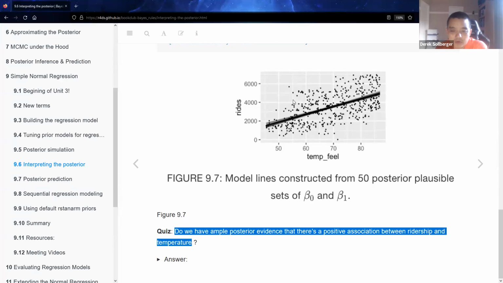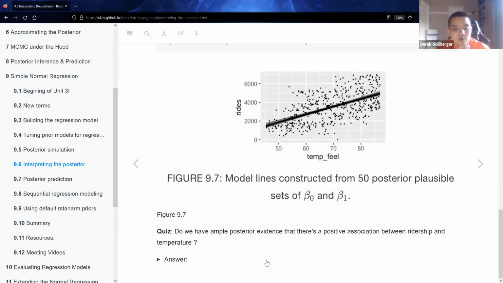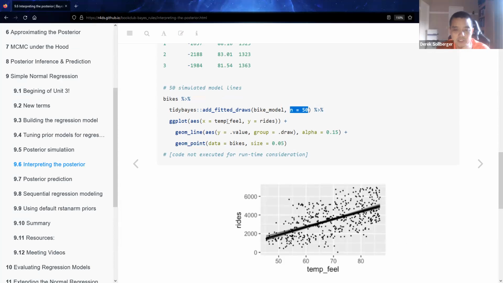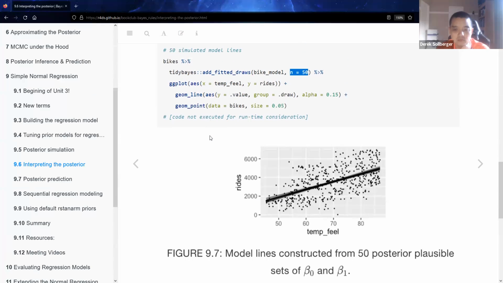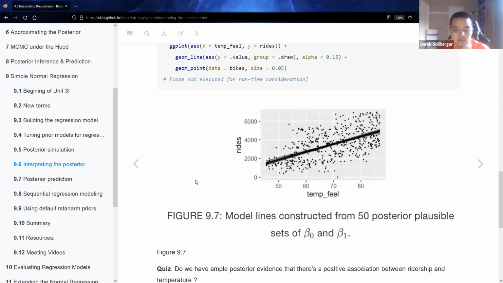All right, so looking at what we have so far, thinking about the linear relationship in general, how do we feel about the implied positive slope? Do we have ample posterior evidence that there is a positive association between ridership and temperature? Keep in mind that in this image, we drew 50 of those regression model diagonal lines.